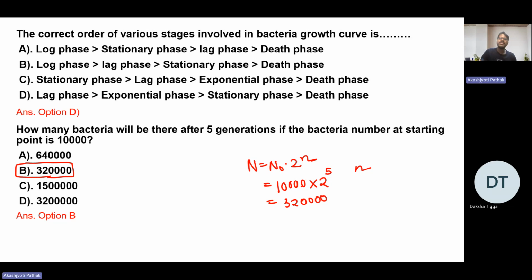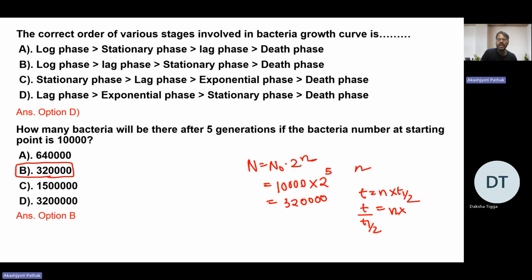So basically, T is N into T half. If you know the time for which the bacteria was cultured, and if you know the doubling time of the bacteria, then you can calculate the number of generations: T by T half.